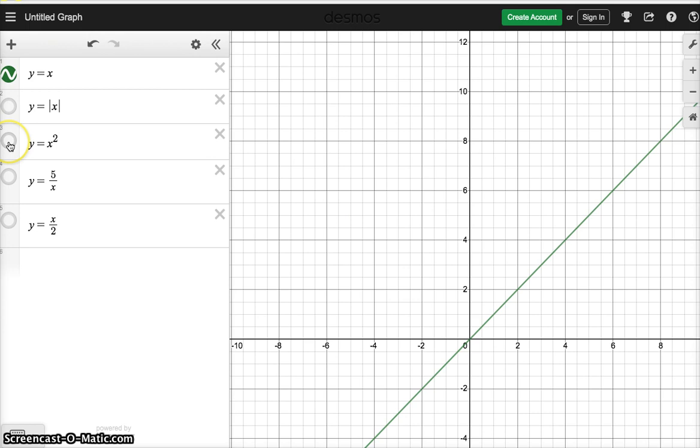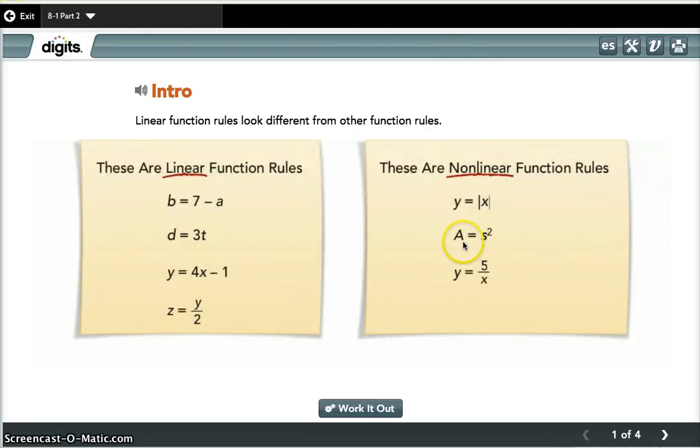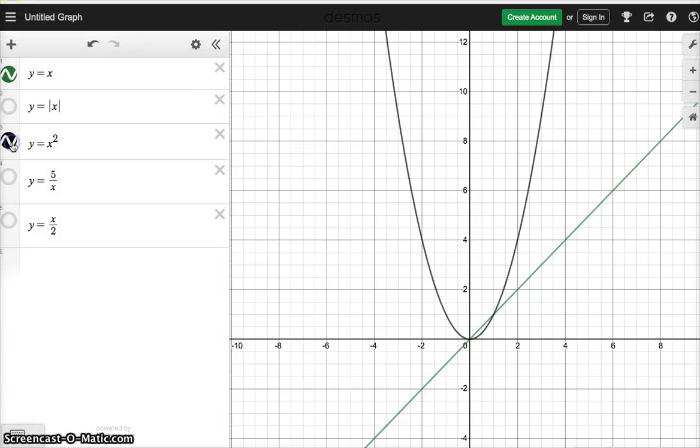Then let's take a look at the next one, which I don't think was y. Let me take a look. It was A equals s squared. So that's the formula for the area of a square, but I'm actually going to change it to y equals x squared. When I turn that one on for you here, it's in black, you'll see that it's the shape of a U. So it's a curved line, which is called a parabola.